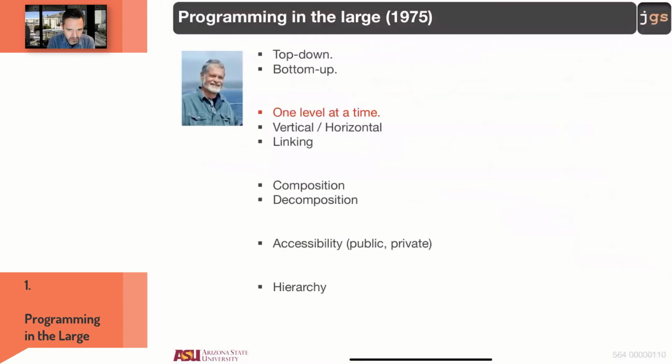Key ideas from the paper. It doesn't matter if you work in a project and you do top-down, like the one proposed by Niklaus Wirth, or you do it bottom-up. It doesn't matter. Split is the important thing. The coupling is the important thing.